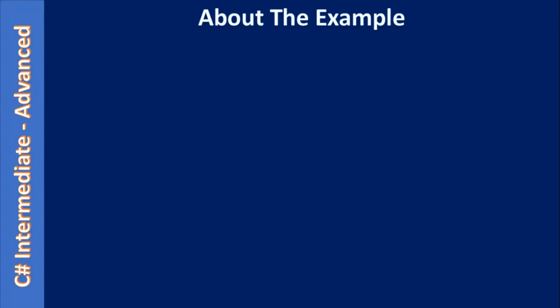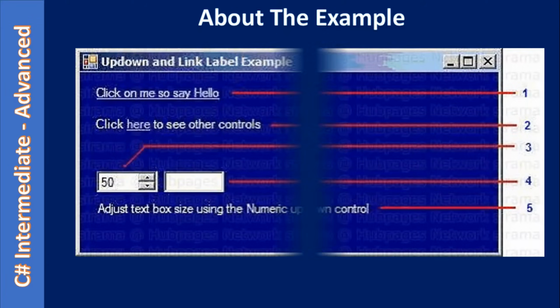Alright, now let us talk about the example that we are going to create in the part 3. Here, this will be the link label control. This one is also a link label control.